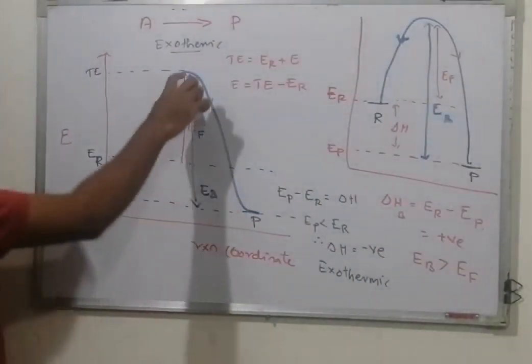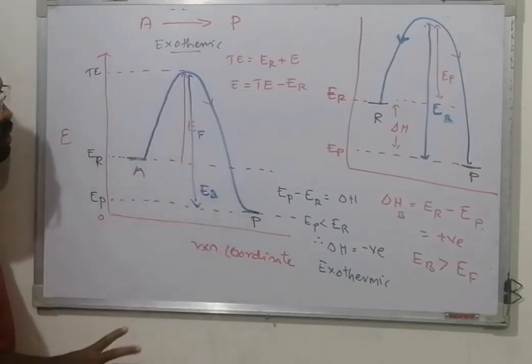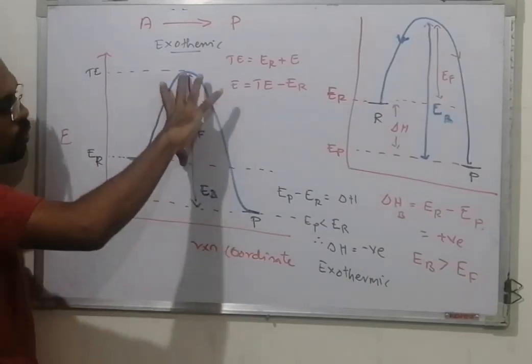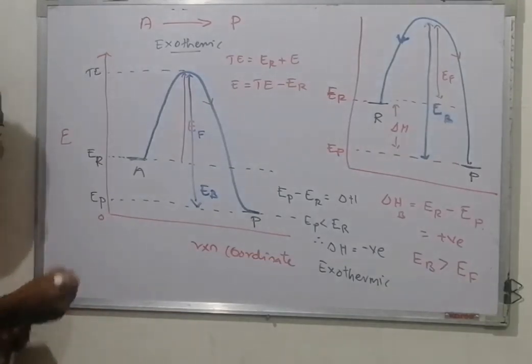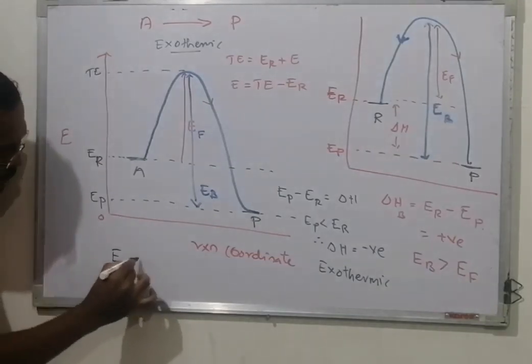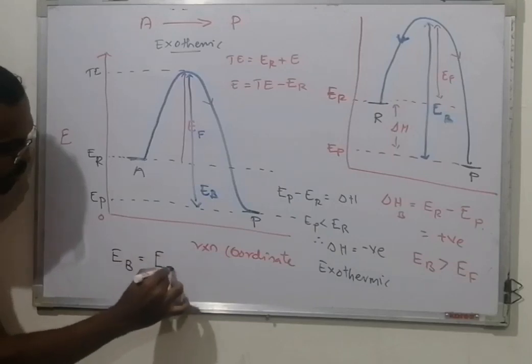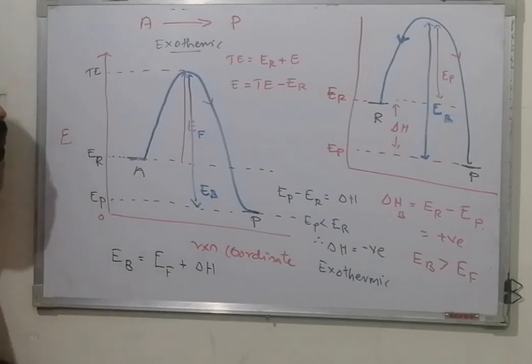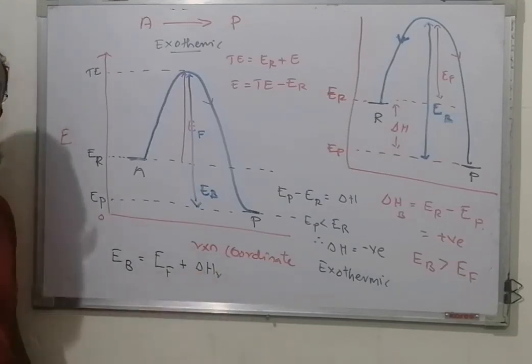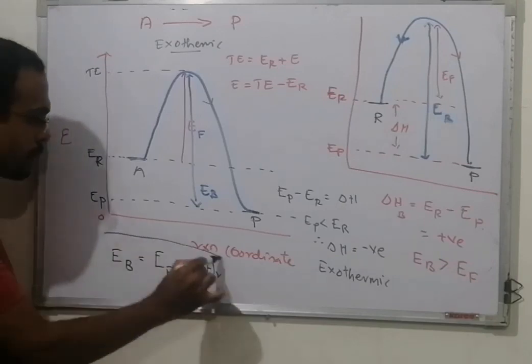Activation energy of backward is equal to activation energy of forward plus enthalpy of reaction. Very, very important. Activation energy of backward is equal to activation energy of forward plus enthalpy of reaction. Very, very important.